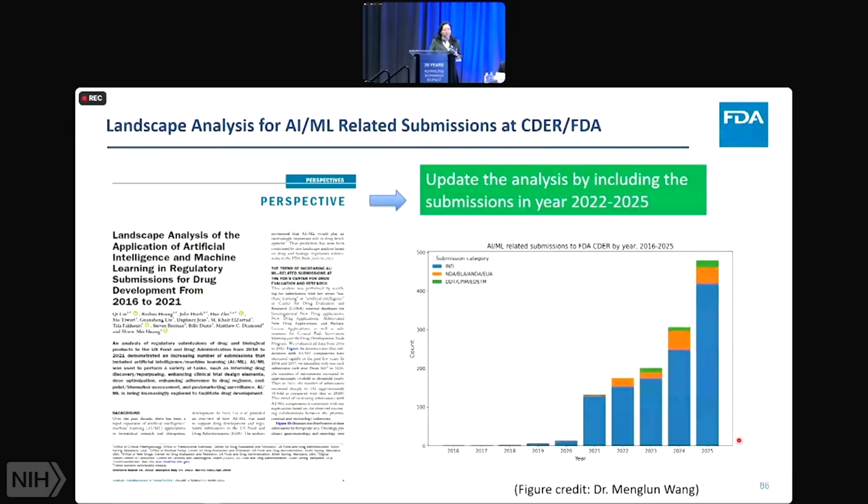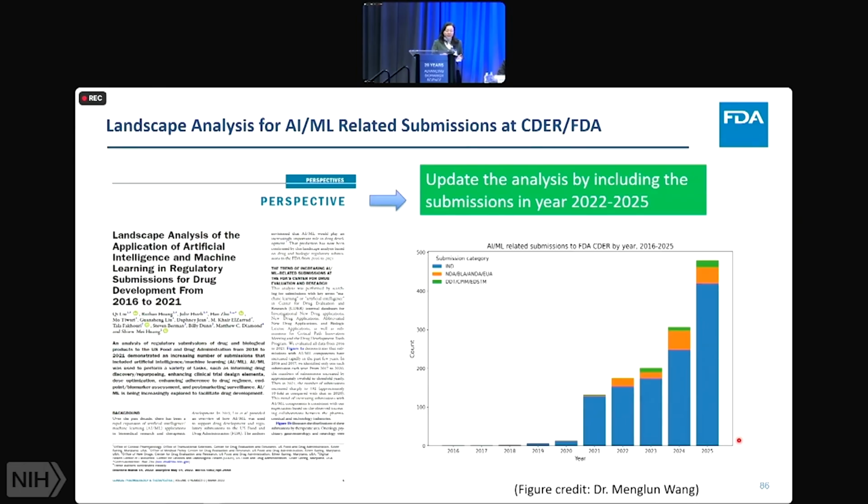I would like to start with first painting a picture of the regulatory landscape for AI-related submissions at CDER FDA. In the figure on this slide, you will see the number of regulatory submissions with AI or machine learning-related components from 2016 to 2025. As you can see, before year 2018, there were actually very few regulatory submissions at CDER that has AI or machine learning components, maybe 1 or 2 submissions per year.